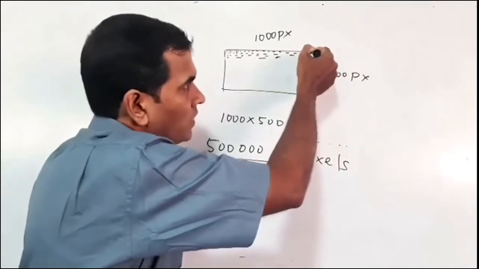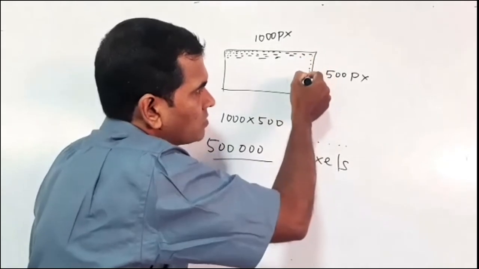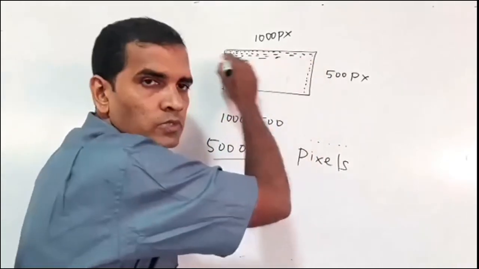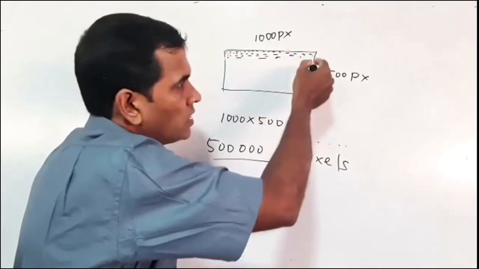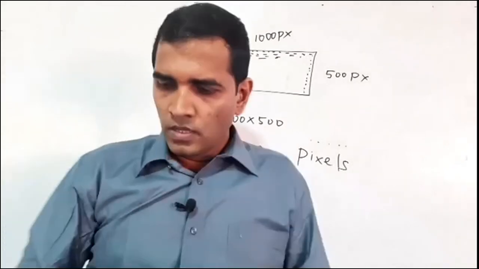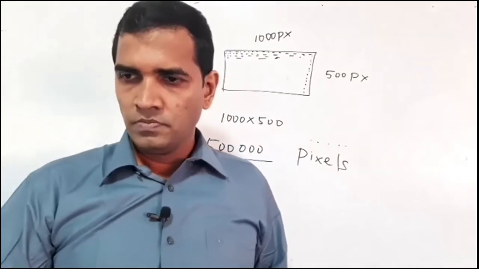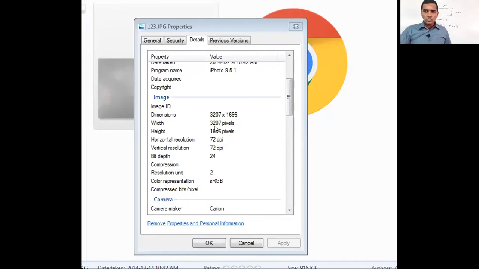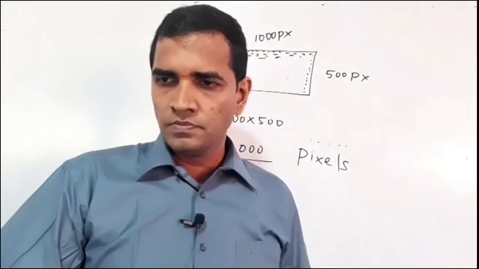So you have 500 rows in this manner, which means you have 1,000 pixels in one row and there are 500 rows there. So now according to this picture, around 3,200 pixels width and around 1,600 pixels height. So you can easily change that, let's say.